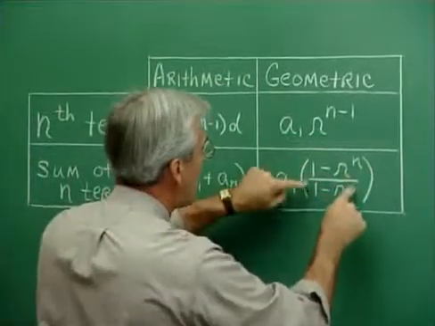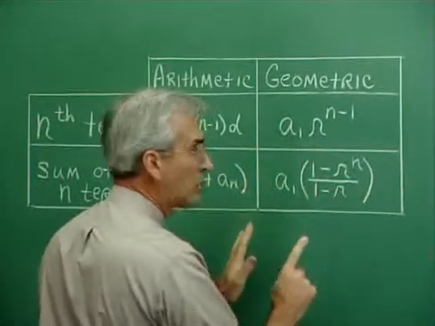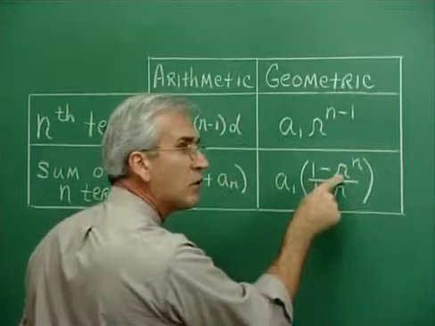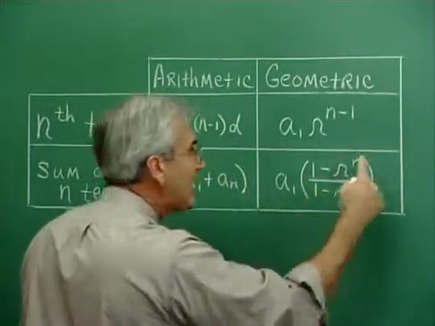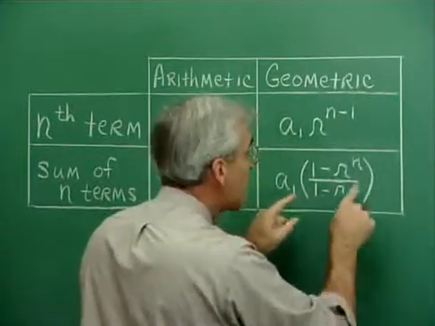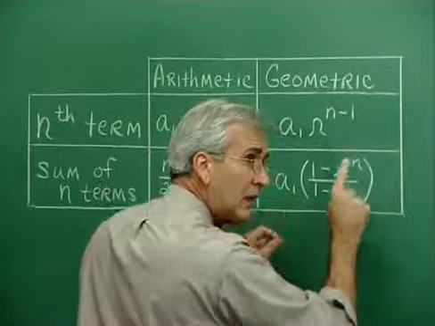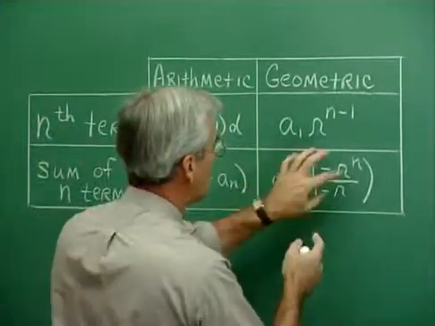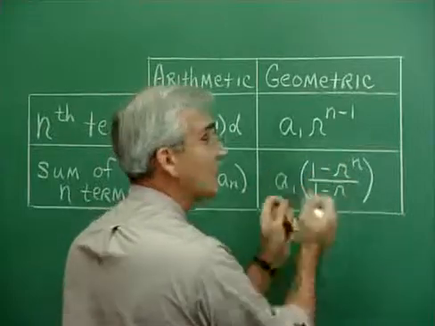The numerator and denominator of this fraction are very similar to one another. And this exponent n on the common ratio r is inside the parenthesis. A common mistake is to put it outside. So that's one thing to be careful about. Also, it's possible to write this fraction with the terms in the opposite order.